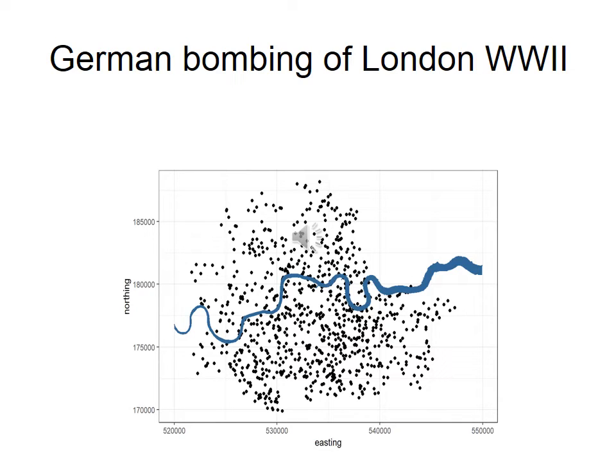So they gave this data to an actuary who analyzed it and said this pattern is consistent with their being random. Knowing that the Germans were not able to target their bombs was a great relief, because otherwise it would have meant many more deaths. And so knowing something like this can become vital for policy purposes.